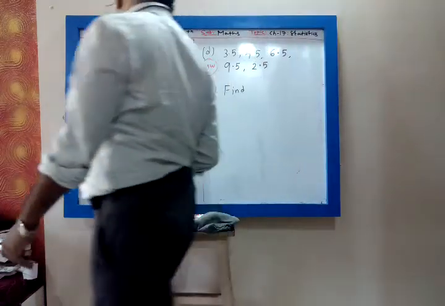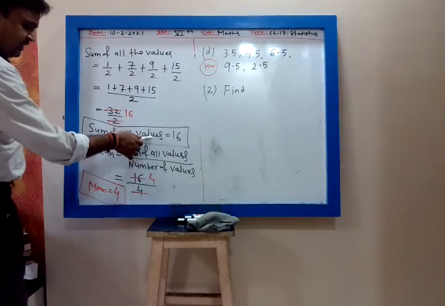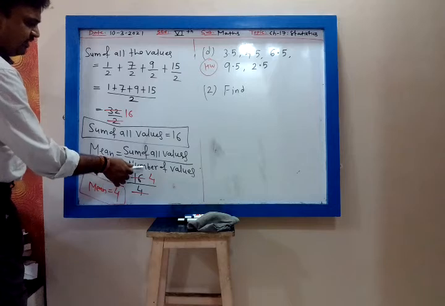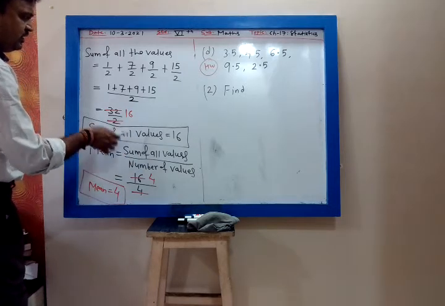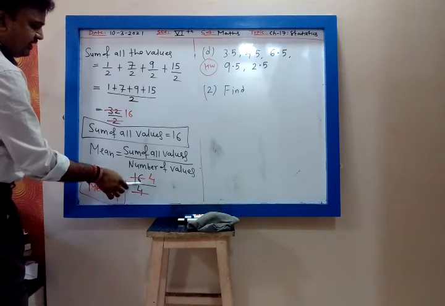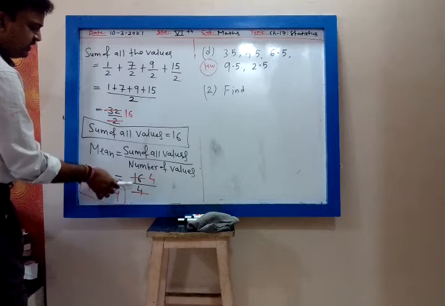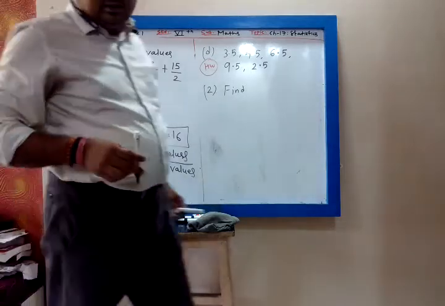Because, my dear, the sum of all the values is 16. Divide by the number of values given. How many values are given? 1, 2, 3, 4. Divide 16 by 4. 4 1s are 4, 4 4s are 16. So the mean value is 4.